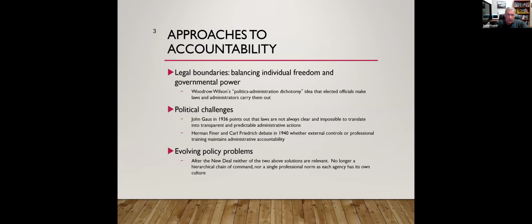And we can't have this bright line distinction between the political and the administrative world, which then makes holding people accountable for their actions a little bit more difficult, because we can't just say, well, this administrator is doing something that is political in nature, and so therefore it is always unethical. We're no longer really able to say that. So it makes holding administrators accountable a little bit more complex and a little bit messier than it was with Wilson's politics and administration dichotomy.